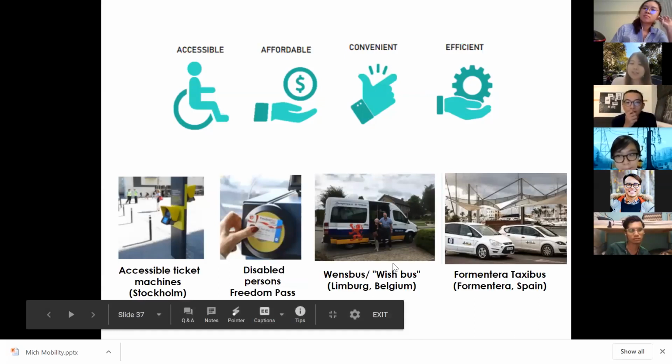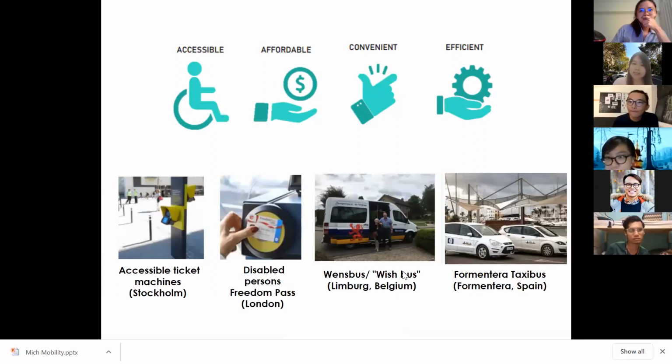And also this Wish Bus from Belgium is a community-initiated bus formed by volunteers, and they could pick up people who need the service around the area because they have no public transport. So this is particularly useful for elderlies and also people without a car.